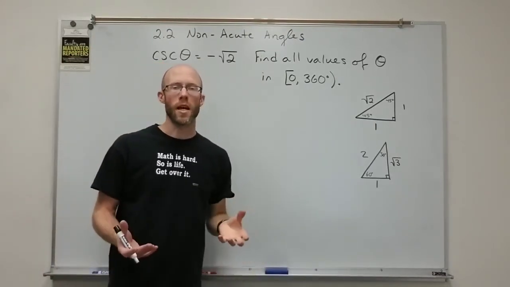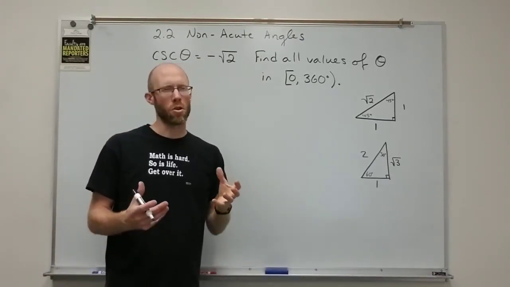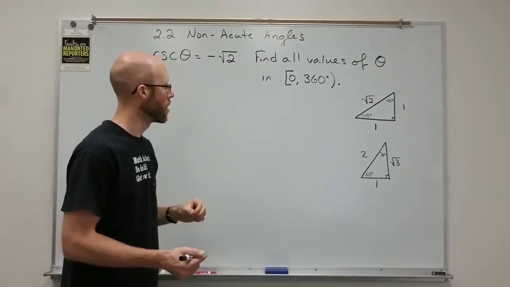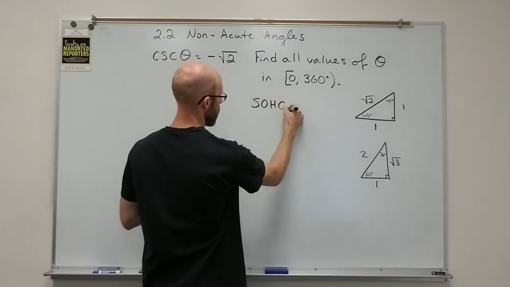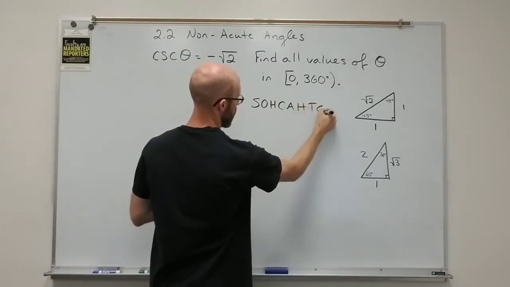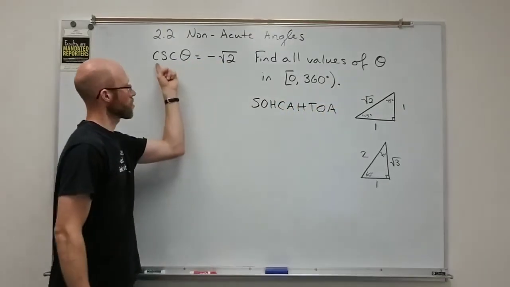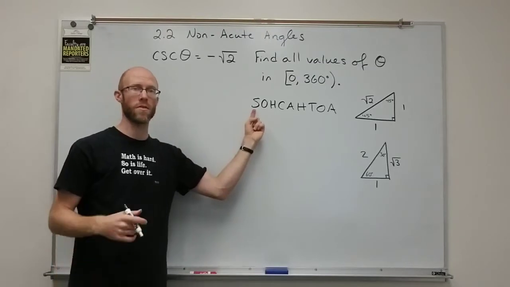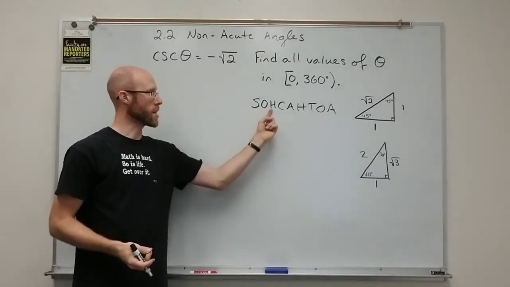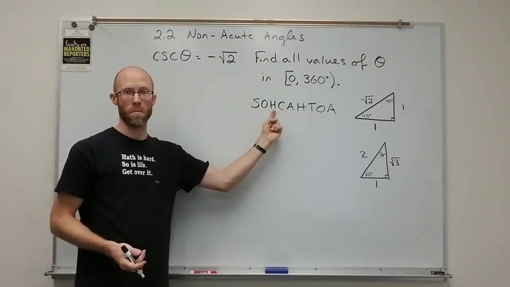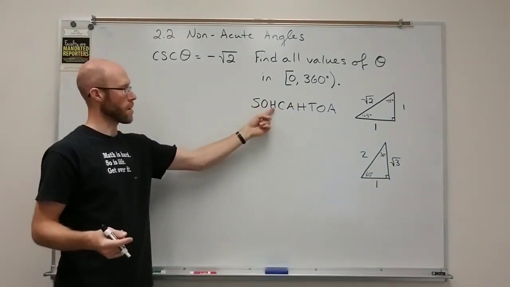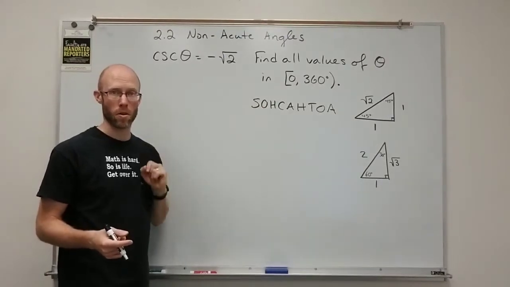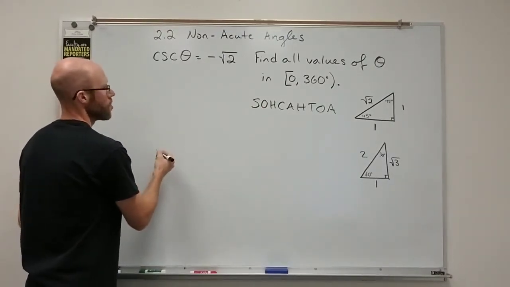Well, the cosecant being a square root of 2, I don't really know cosecant very well, but I do know SOHCAHTOA. Okay, I know that the cosecant is the reciprocal of the sine, and the sine is opposite over hypotenuse. So, referencing that back, the cosecant must be hypotenuse over opposite. It's the reciprocal.